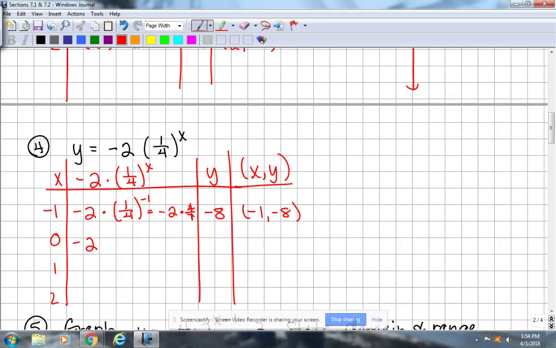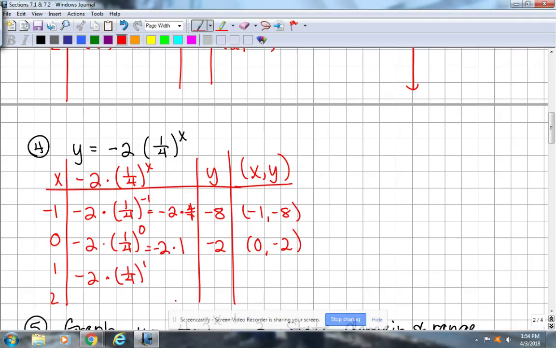So then I have negative 2 times 1/4 to the 0 power. What's a 4th to the 0 power? And what is negative 2 times 1? 0, negative 2. And then I have negative 2 times 1/4 to the first power.